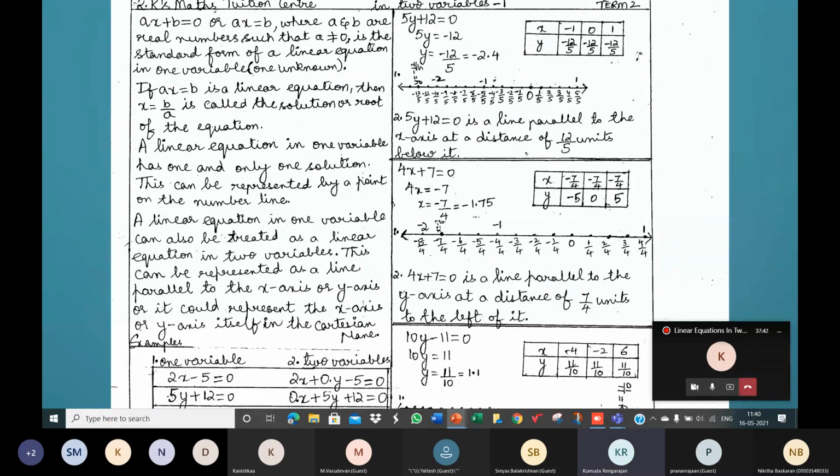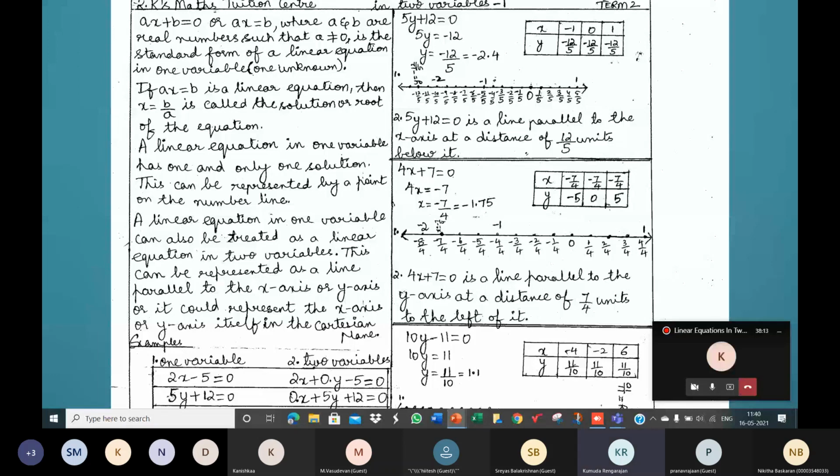I repeat, x plus 2 is a linear polynomial in one variable x. When you equate the linear polynomial to 0, which is x plus 2 equals 0, this is a linear equation in one variable x.